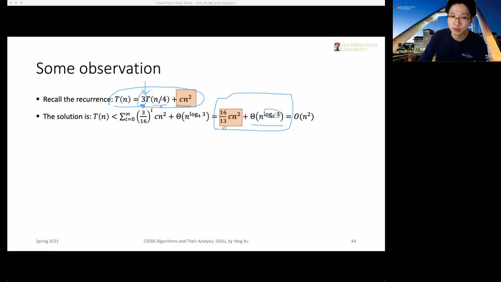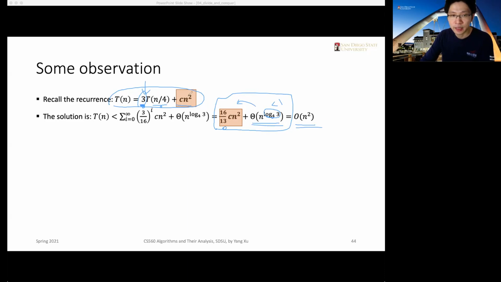And we know that this quantity, log base 4 of 3, is less than 1. So this big theta term is a lower order term compared to the quadratic term, and that's why we can write it as big O of n squared.